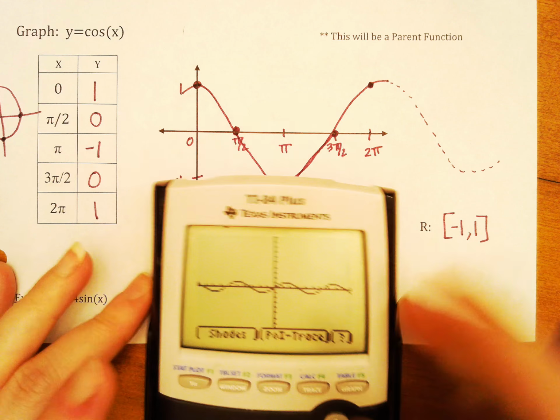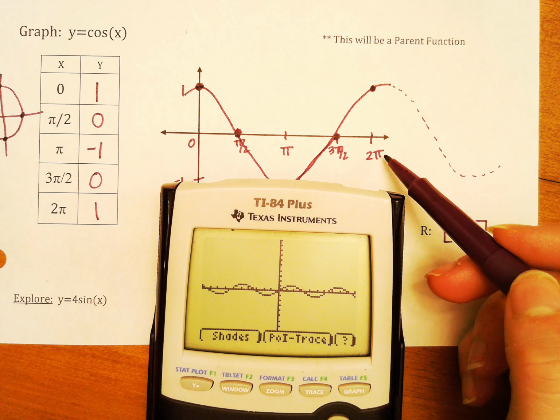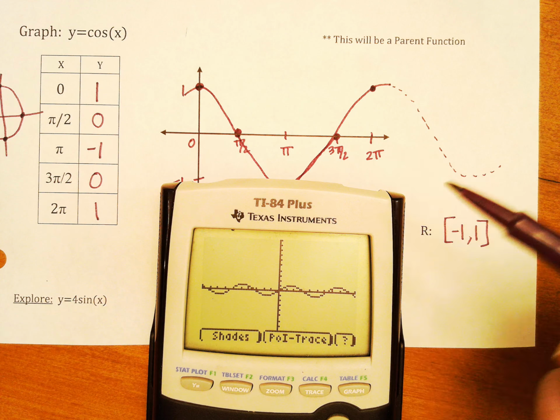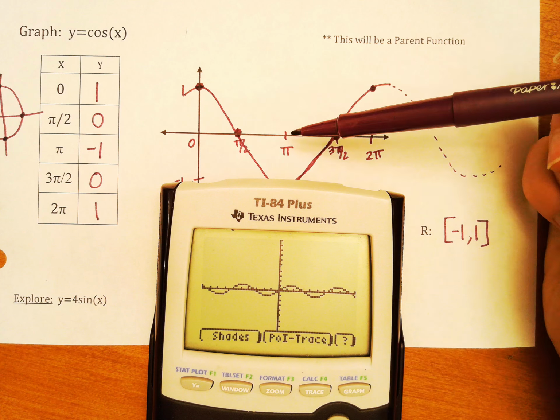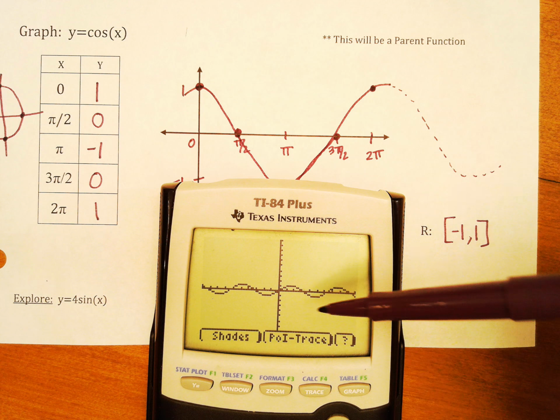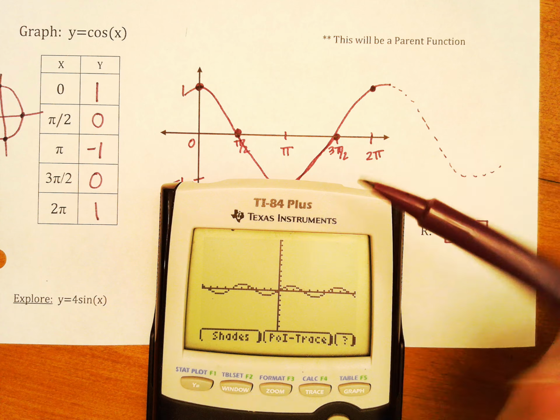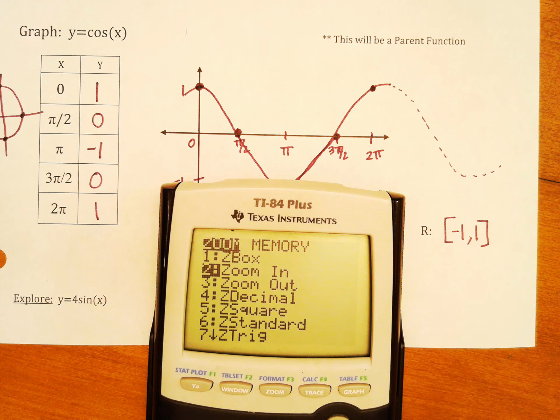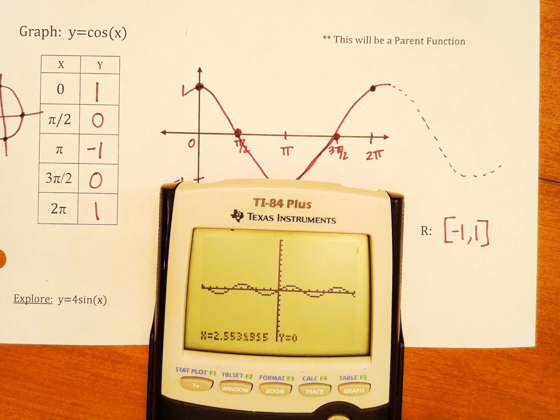So 2 pi here is going to be at 2 times 3.14159, so 6.3 whatever. And then our x value here is at 3.14, which you can see on my graph. Here's 1, 2, and then 3. If we zoom in, you'll see it actually cross at about that pi unit.